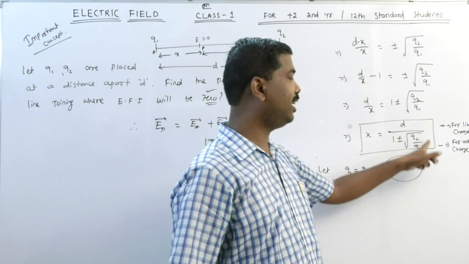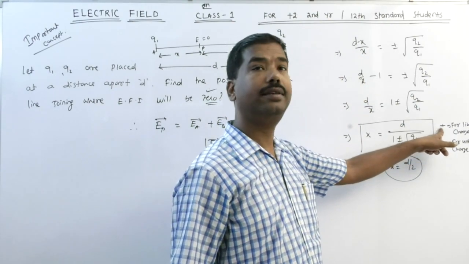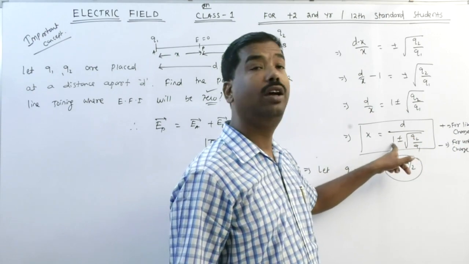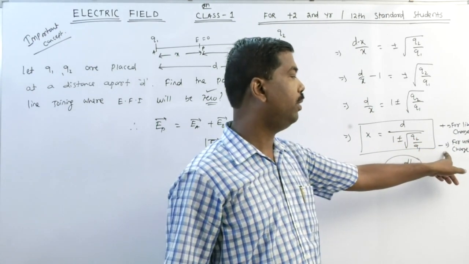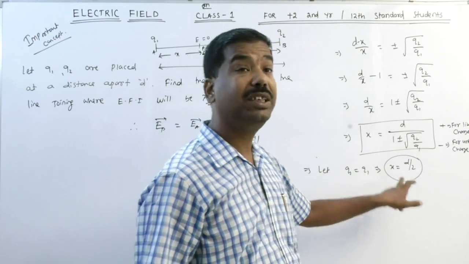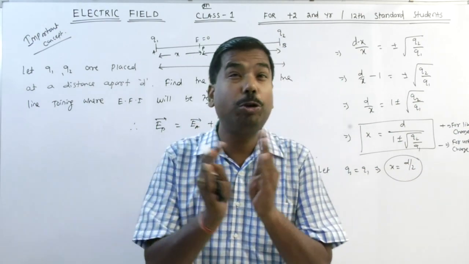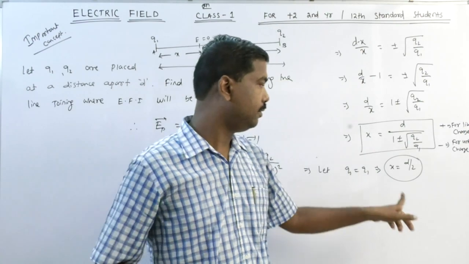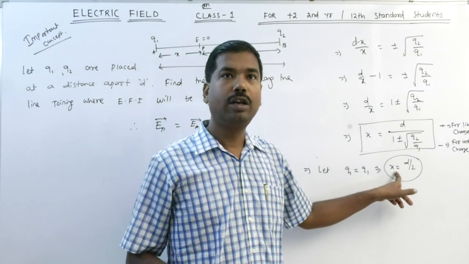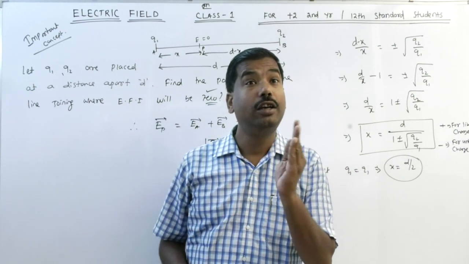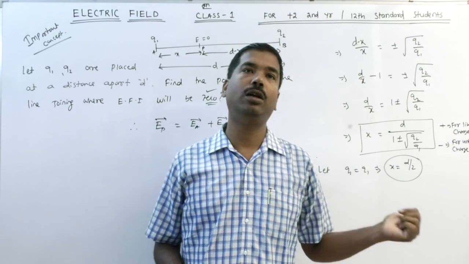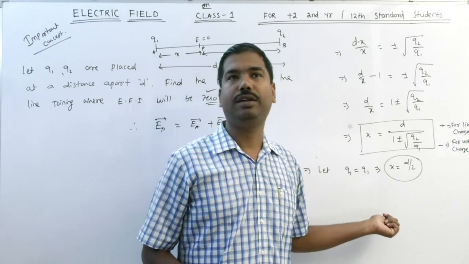If the two charges are of the same sign, then there will be plus sign. If the two charges are of opposite sign, one is positive and another is negative, then there will be minus sign. Listen to this, x must be closer to the smaller charge. Whenever you are going to count the x, the distance, the position must be toward the smaller charge or very closer to the smaller charge. You have to mind it.